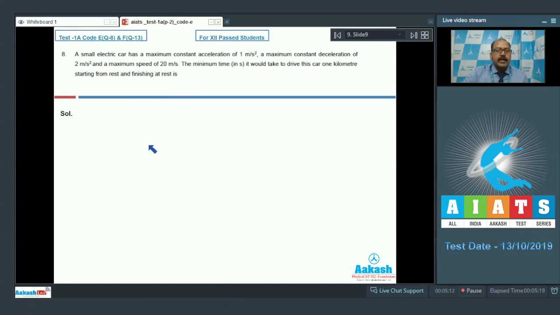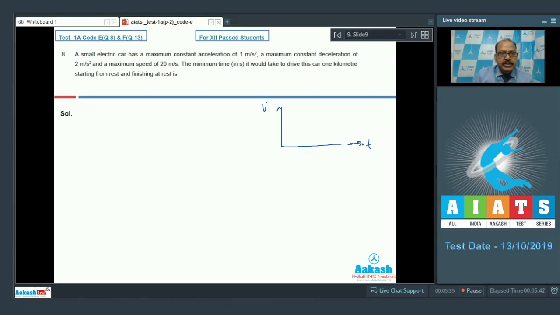To solve, let us draw its velocity versus time graph for the minimum time for covering 1 kilometer. So the graph will look like this. This is velocity and this is, let's say, time.